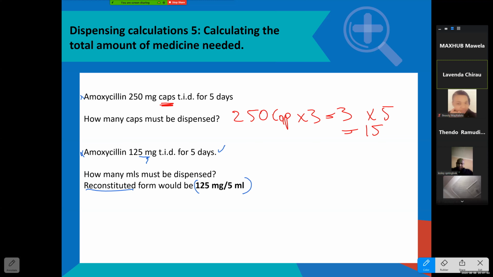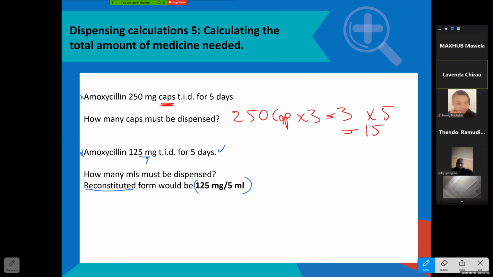Yes, so let's look at it. We can start by converting first to mils, or we can even start first by getting how many milligrams this child needs, and then convert it to mils. So it's almost similar to what we just did, right?